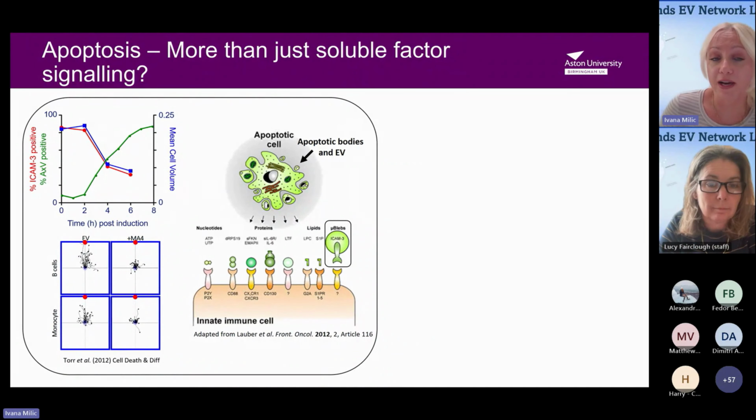If we are looking for ICAM3 specifically, we didn't manage to find ICAM3 in the soluble factors, which led us to believe that this ICAM3 is effectively getting lost from the dying cells in a form of what we thought at the time was something like a microblast.